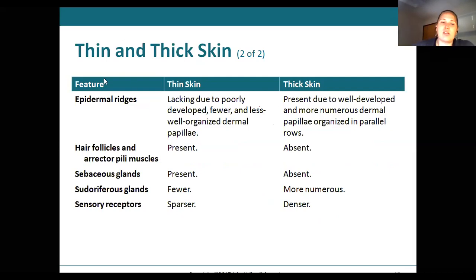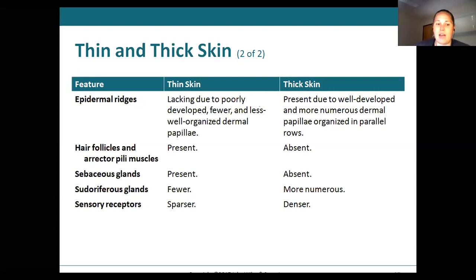So in thick skin, you actually have these epidermal ridges. If we go back and look at the outermost layer, the stratum corneum of the epidermis, you'll notice that there are ridges on your fingers that produce your fingerprint, and they are well developed here. What they're doing is increasing the surface area of your skin, allowing greater contact points for, let's say, interpretation of external stimuli.